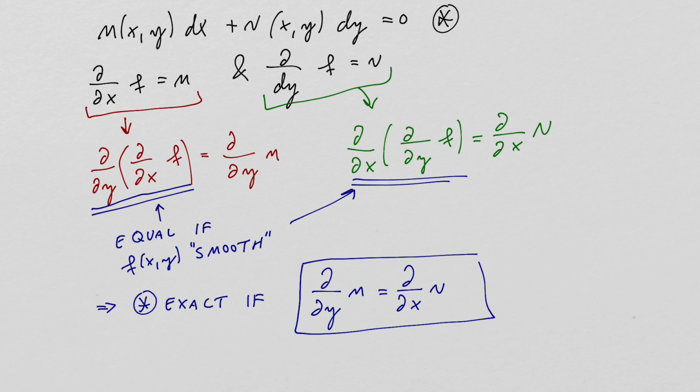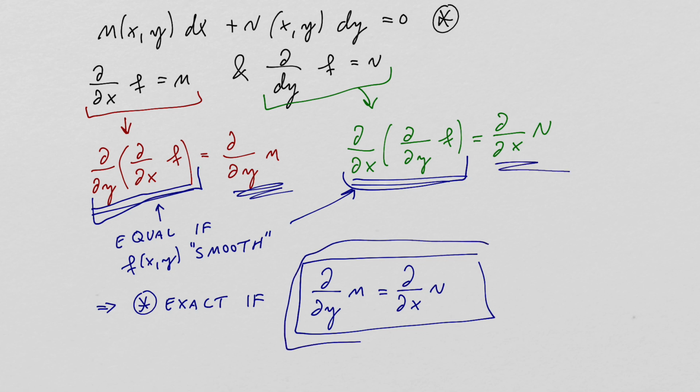Usually f differentiated with respect to y and then differentiated with respect to x is equal to f differentiated with respect to x and then with respect to y. So we will get that these functions need to be the same. We get a criterion for the exactness of differential equations.